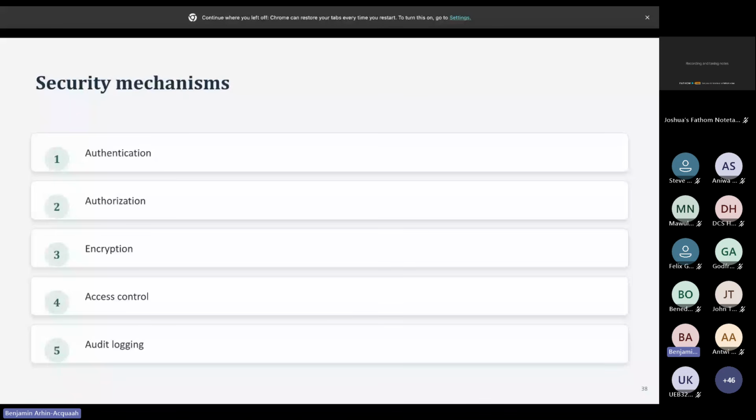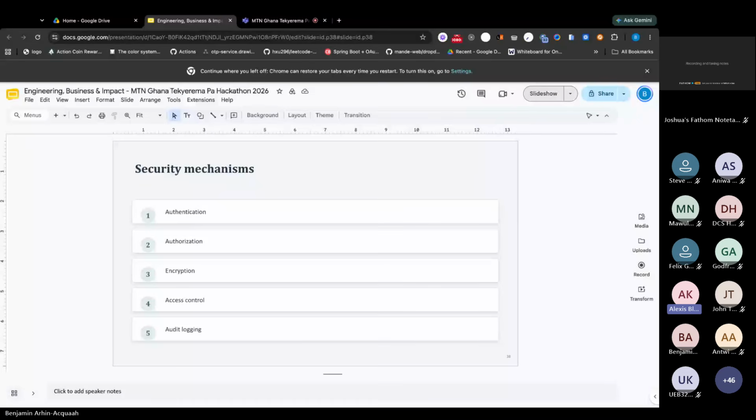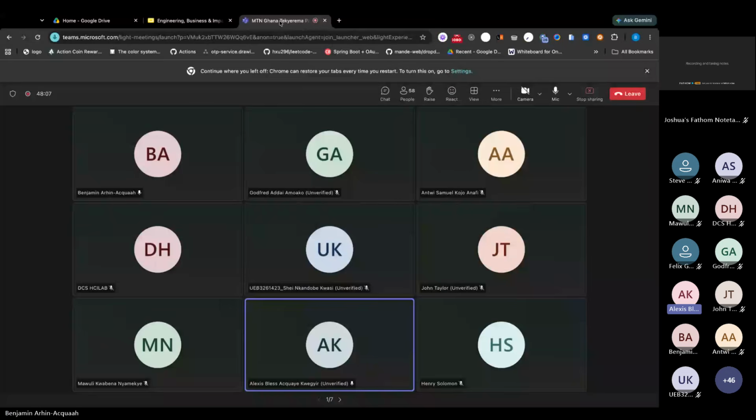Authorization. Does anyone want to try? Okay, yeah, please. Authorization deals with, after authenticating, the user has a limit.